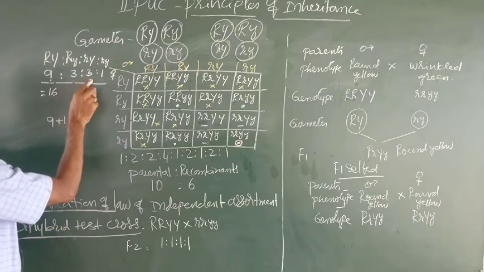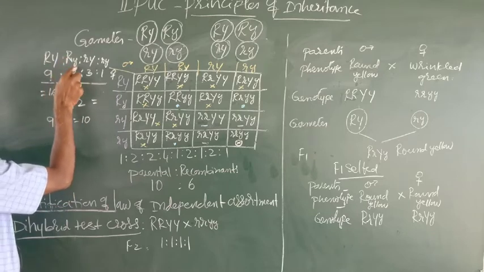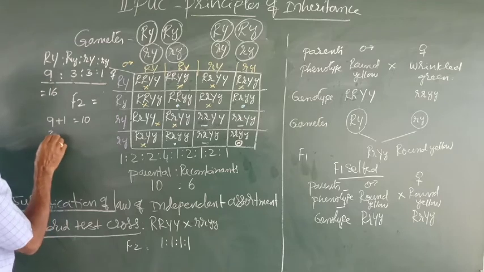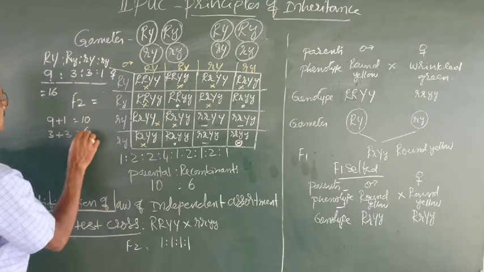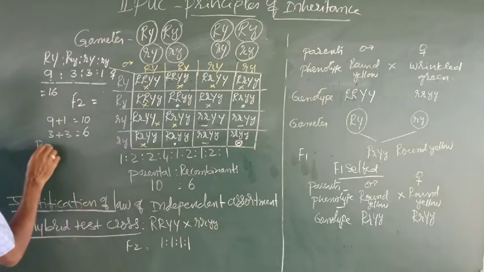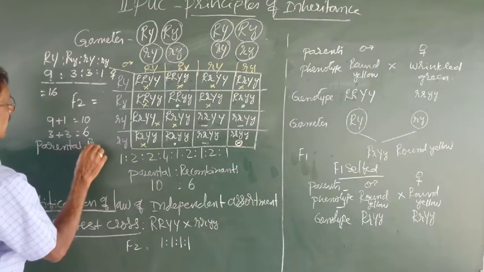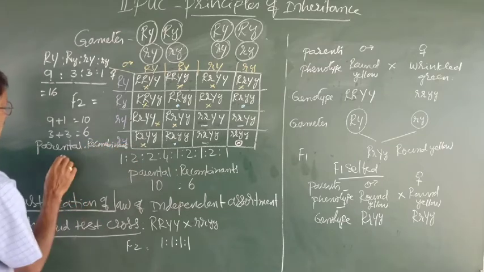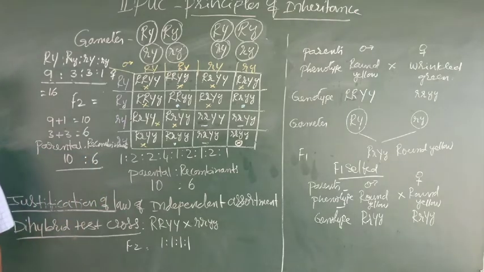And these 3, round green, and 3 wrinkled yellow, what are these? Recombinants. That is 6. So the parental and recombinant ratio is 10:6.